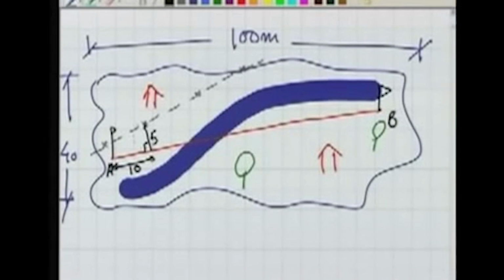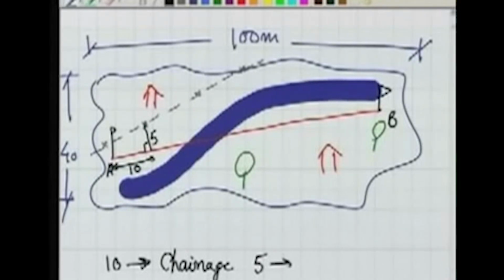Now how do I record it? This 10 meter I am measuring along the chain, we call this the chain edge. This 5 meter, because we are making use of 5 meter in order to locate the position of a telephone pole.